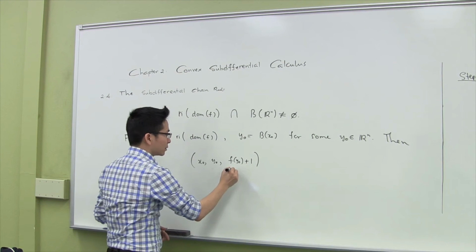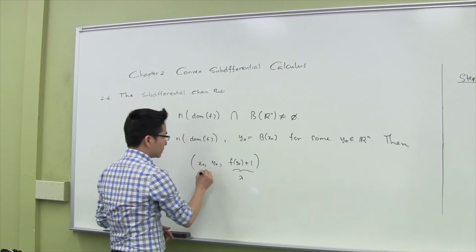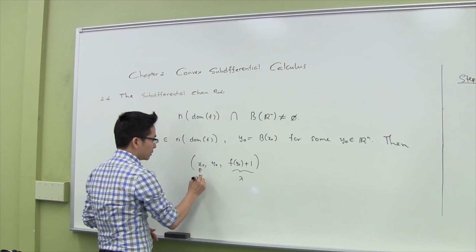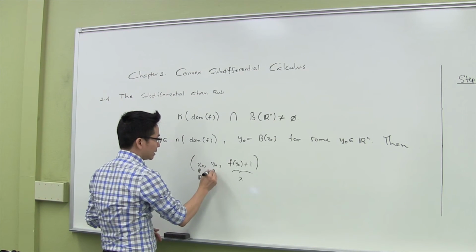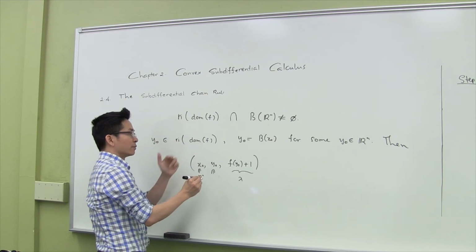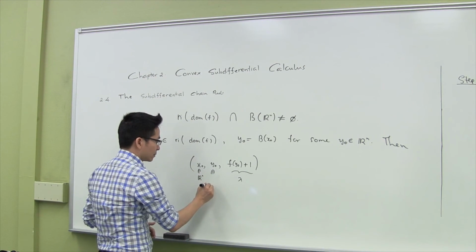So this is lambda. This element is in Rn, and y0 is in the relative interior of the domain of the function f.